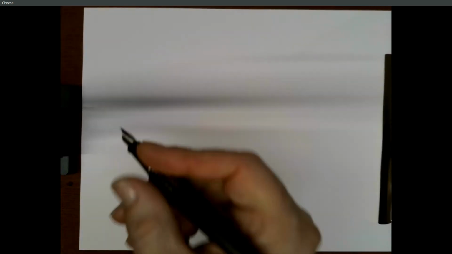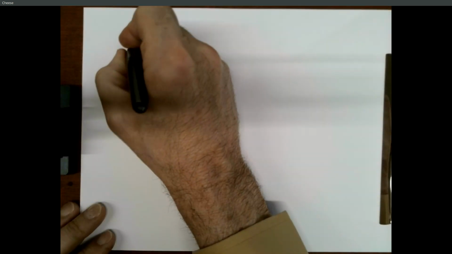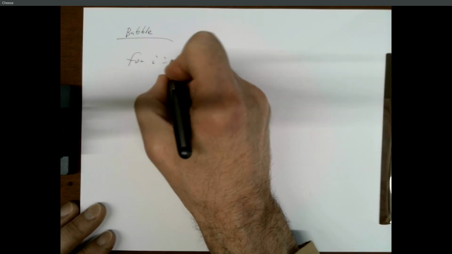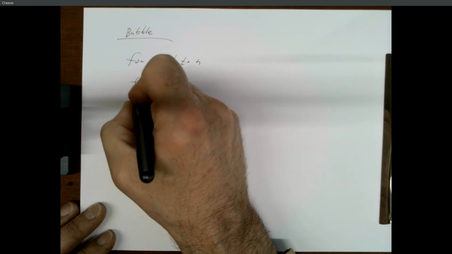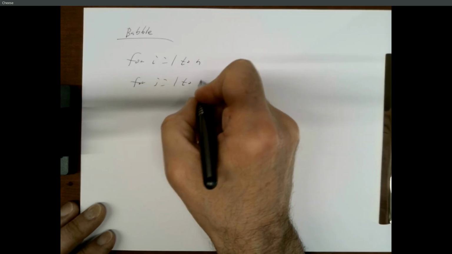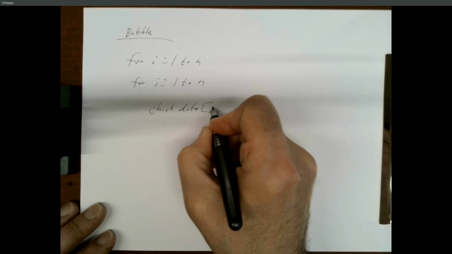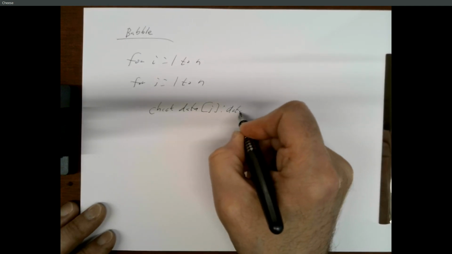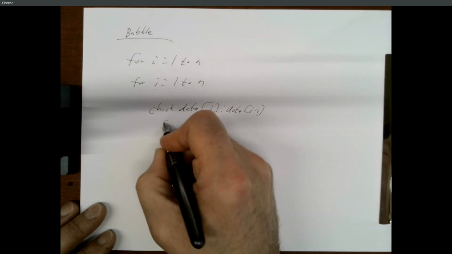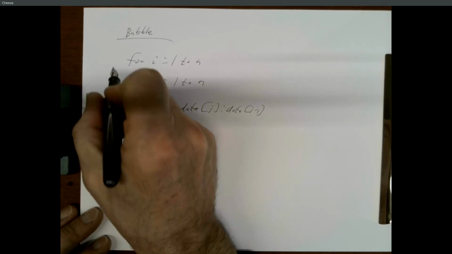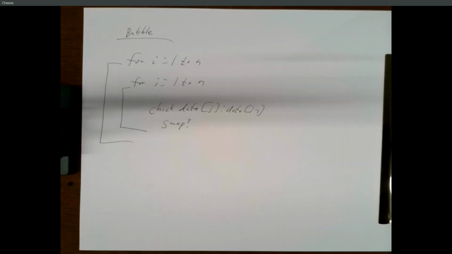So here's what's going on. Let's look at a basic bubble sort. So there's a pseudocode bubble sort.